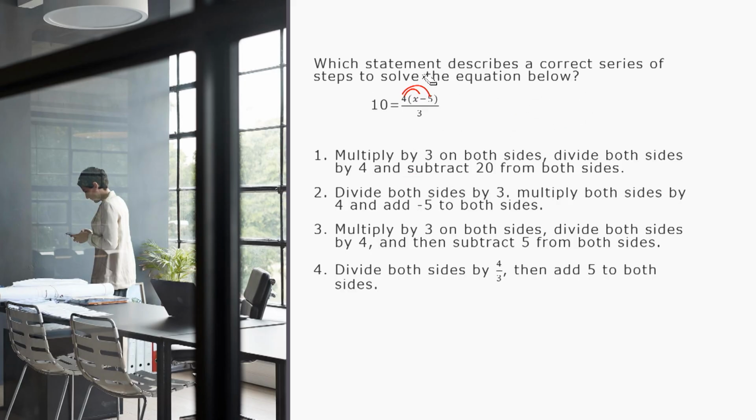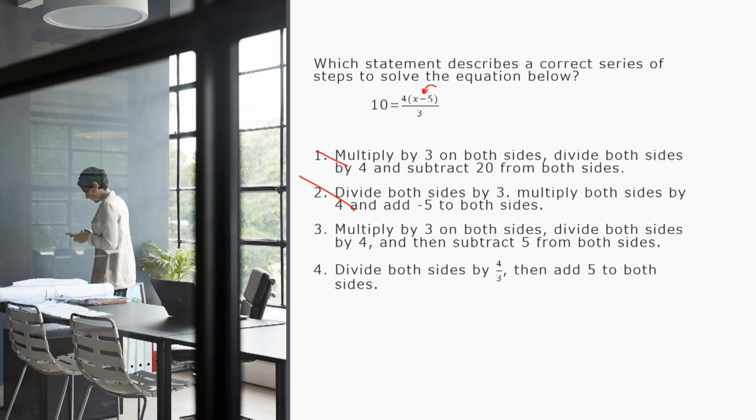All right, so let's go to the next one. It says divide both sides by 3, multiply both sides by 4, then add a negative 5. Remember, when we add a negative, that's just like subtraction. So if I add the negative 5, which is subtraction, and I already have it as a subtraction, then it won't cancel out on the right side to go to the left, so I know that's not my answer.